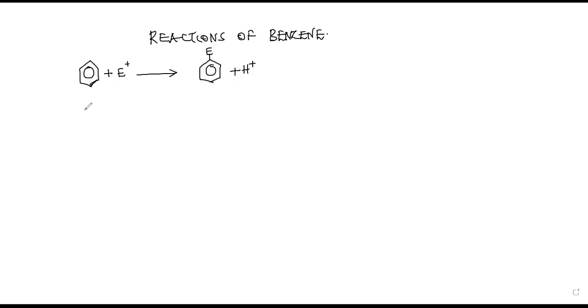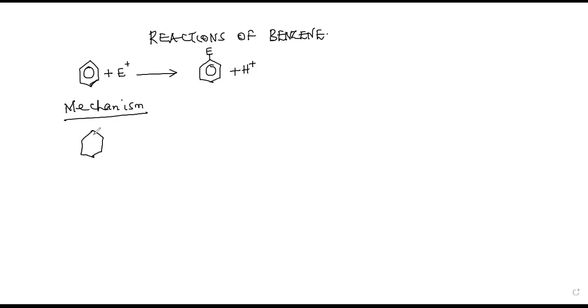Basically, if one is outlining the mechanism here, I'm going to show you a simple mechanism that we outline. When we are outlining a simple mechanism, we shall draw our benzene.